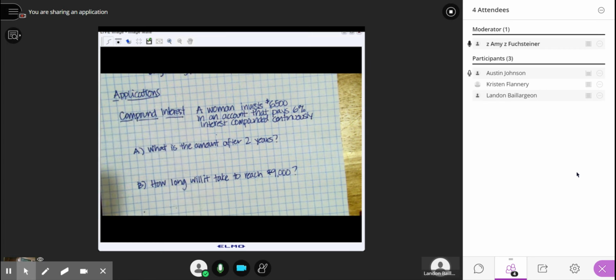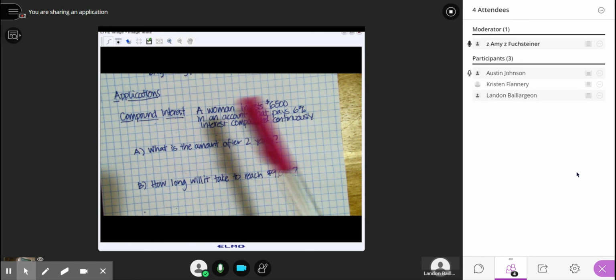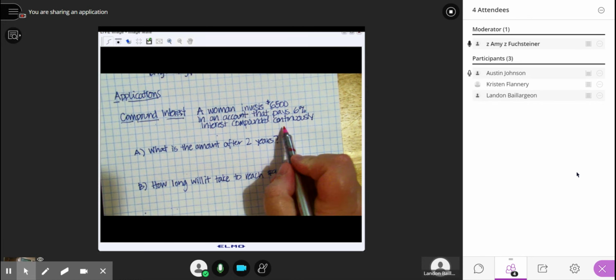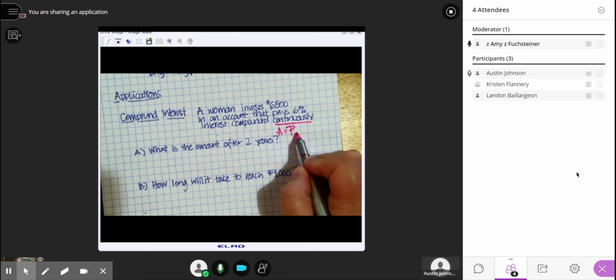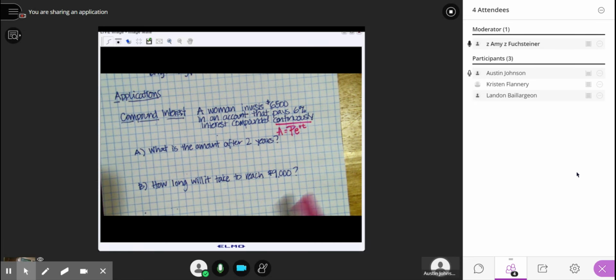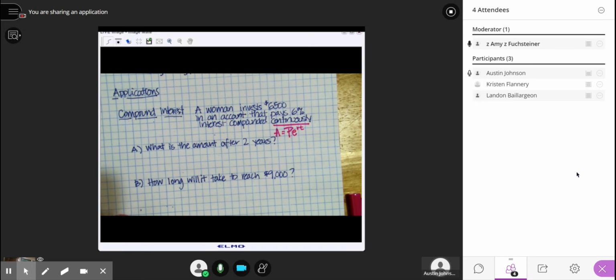Okay, so for interest compounded continuously, the formula is that the amount is equal to the principal times e to the rt, or Pert, where r is the interest rate, P is the principal amount, and t is the time in use.